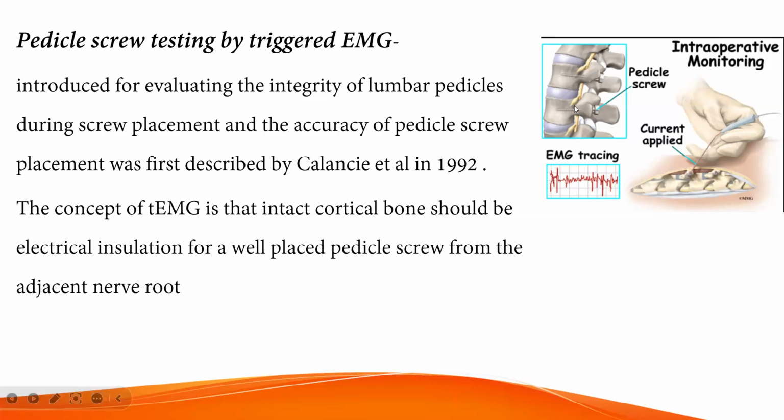Here, the pedicle screw will be stimulated, and they look for EMG activity in the particular muscle. If the pedicle screw is well placed, not enough EMG will be produced.